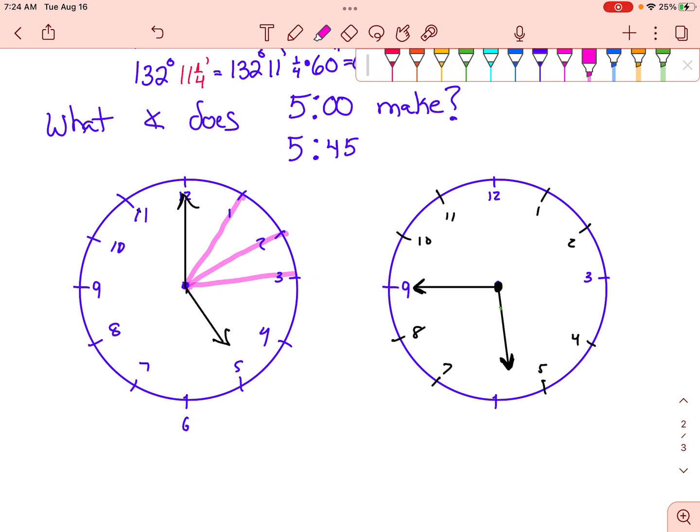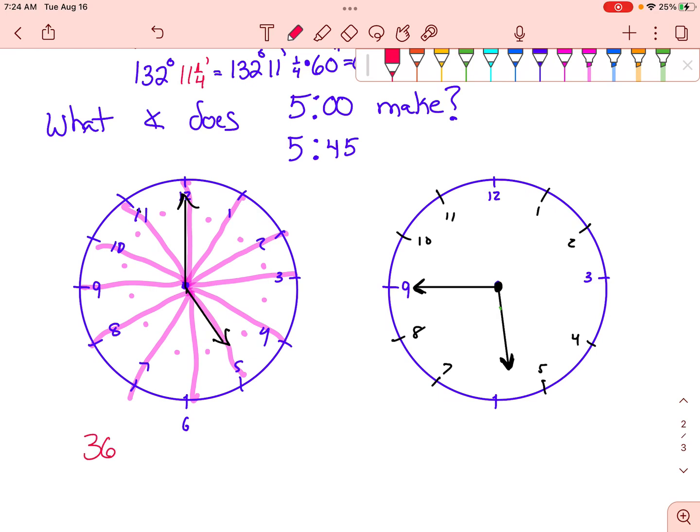And each of these slices, not by my drawing, but on a normal clock, are going to be of equal measure. So if you take a look at this, there are 1, 2, 3, 4, 5, 6, 7, 8, 9, 10, 11, 12. And because there are 12 equal slices and a full circle is 360 degrees, if I take that 360 and divide it by the 12 slices, each slice represents 30 degrees.